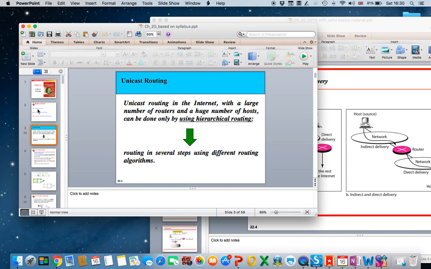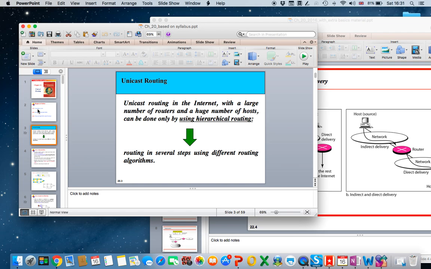So in this chapter, we're looking at unicast routing. As we know, on the internet, we have a huge number of computers, of routers, and the IP address that we have gives these devices an address on the network.